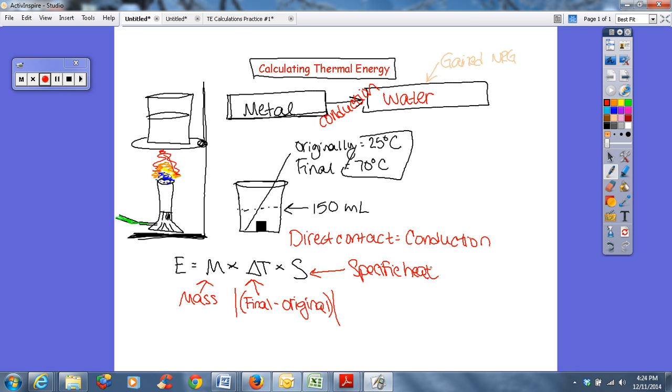All right. So this is still a new term for us, specific heat.